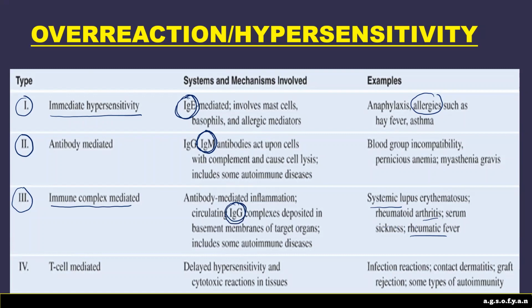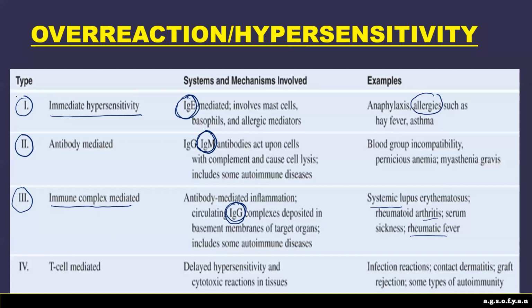Okay, for normal people, this IgG will not attack that organ. But for people with this type 3 hypersensitivity, their IgG will attack the antigen or the organ that is actually our own organs, our own antigens.